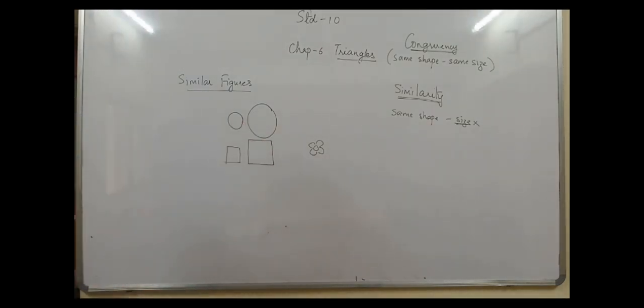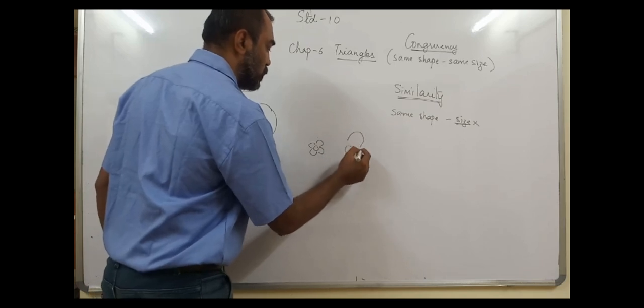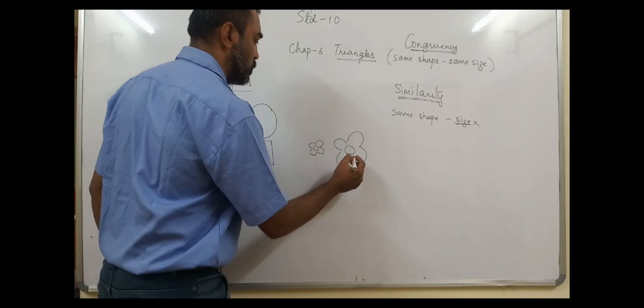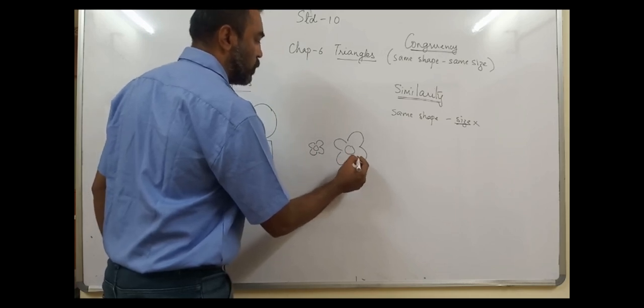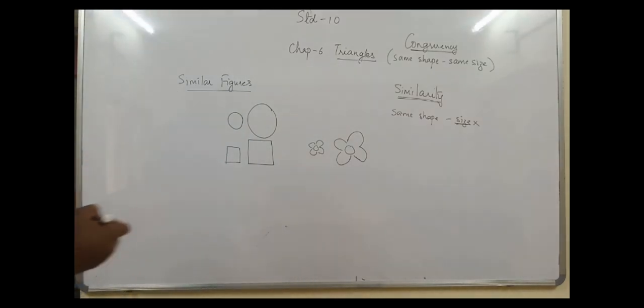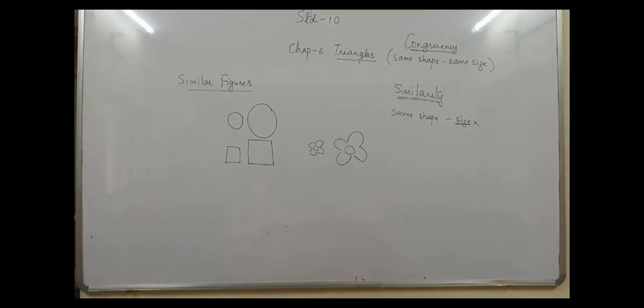You zoom the flower. In the mobile, you zoomed it. What you can see, the shape is the same, but the size has not remained the same. So this is the rough idea of similarity.